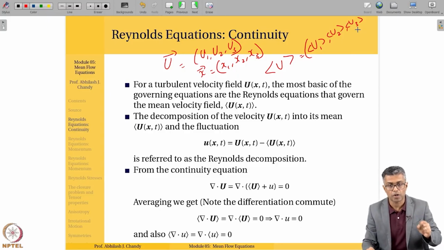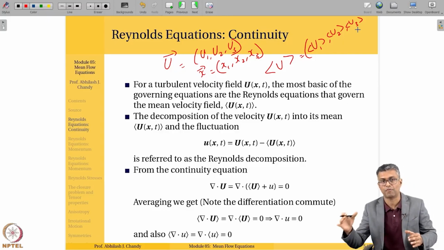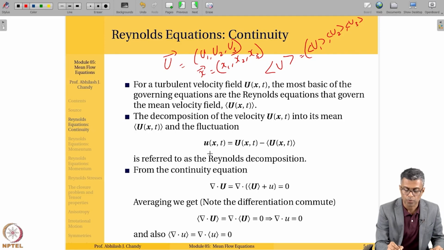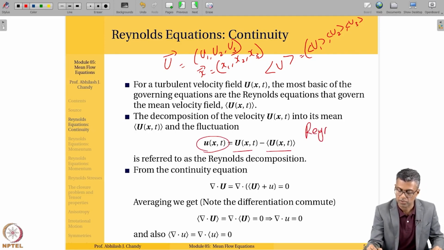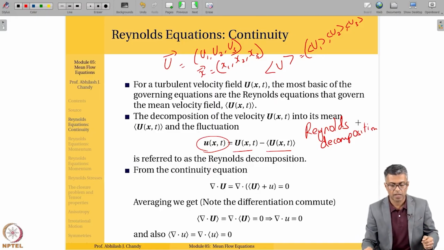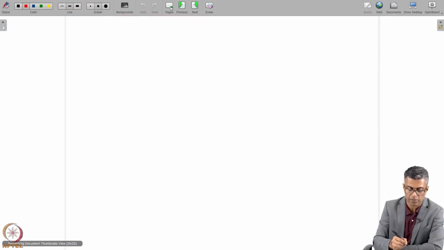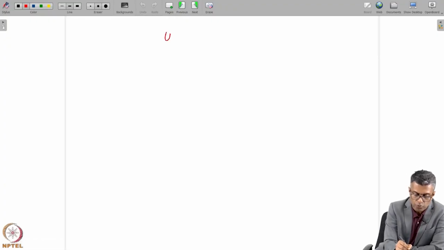So your Reynolds decomposition decomposes your instantaneous velocity into mean and fluctuation. And so you can write the fluctuation as instantaneous minus the mean. This is the Reynolds decomposition. As an exercise, if I just take the average of this particular Reynolds decomposition equation, what I have is u' is equal to u minus mean of u.